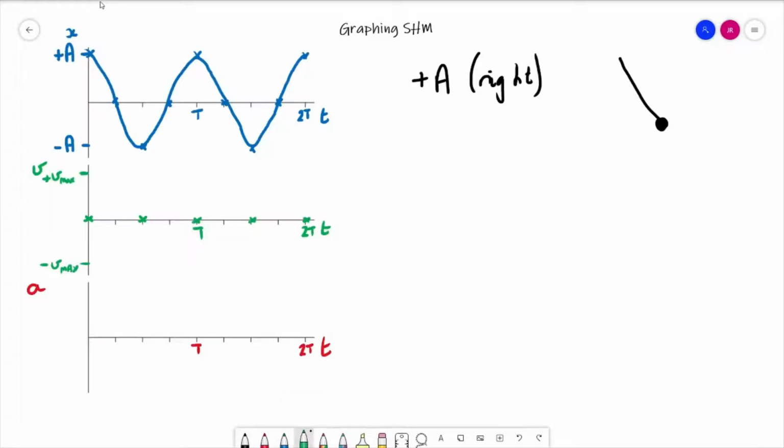Now as soon as we let it go into simple harmonic motion, it's going to move to the left. So therefore, remembering that right is positive and left is negative, the velocity will become negative at first. What we're going to end up with then is what's going to look like a sine graph, but it will actually end up as a negative sine graph. In other words, it will look like this.